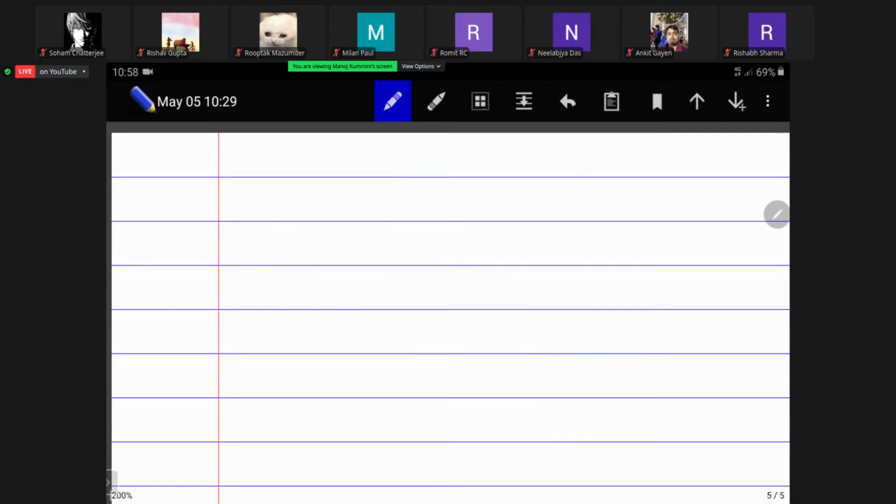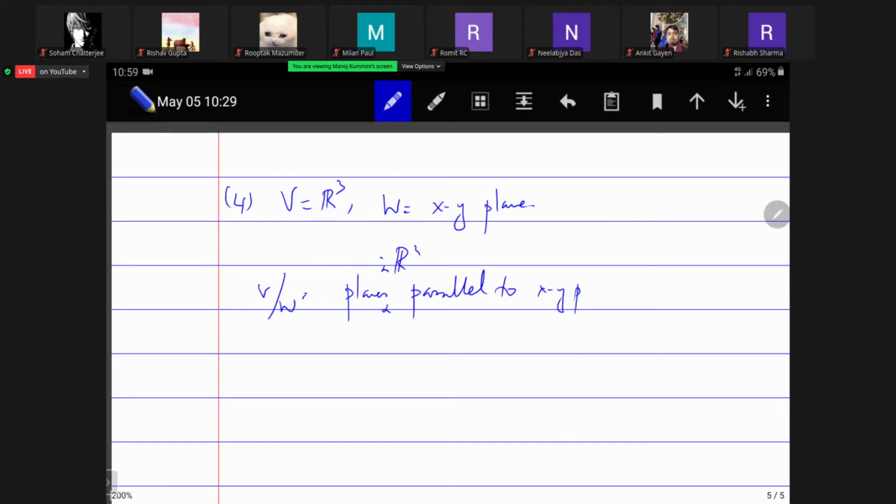So for example, let us say V equals R3 and W is the XY plane. Then the cosets are planes parallel to the XY plane, planes inside R3.